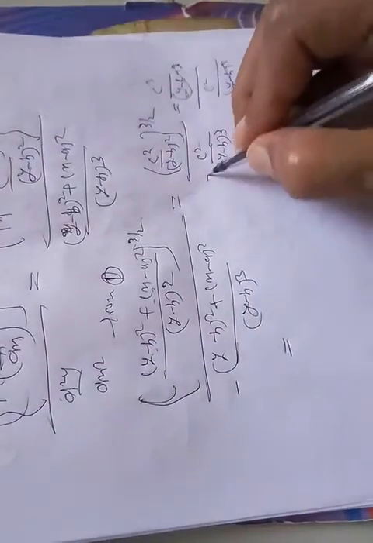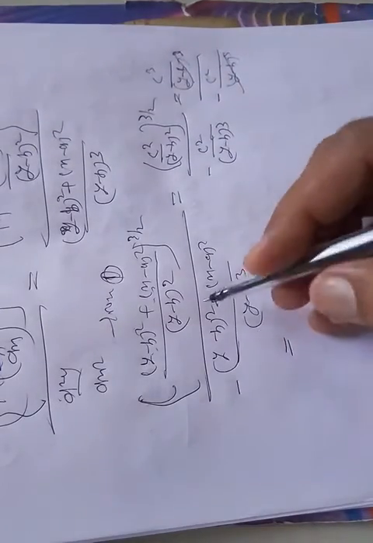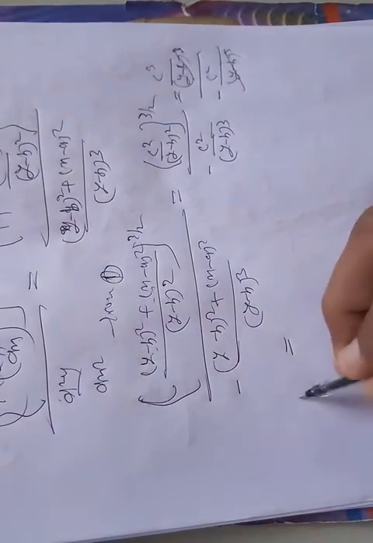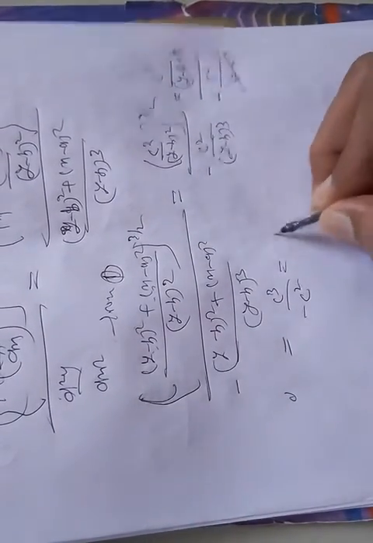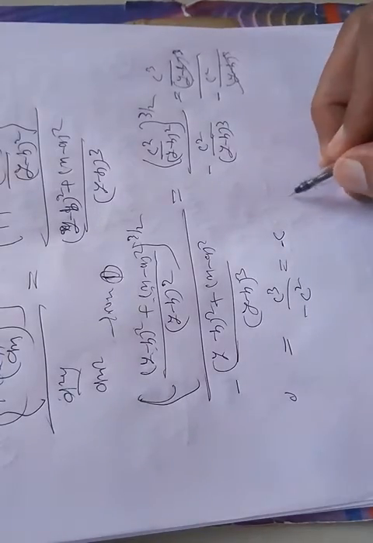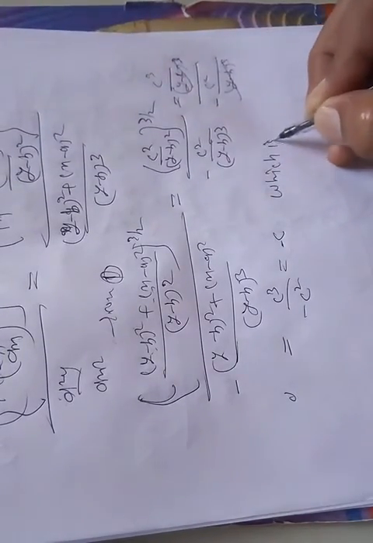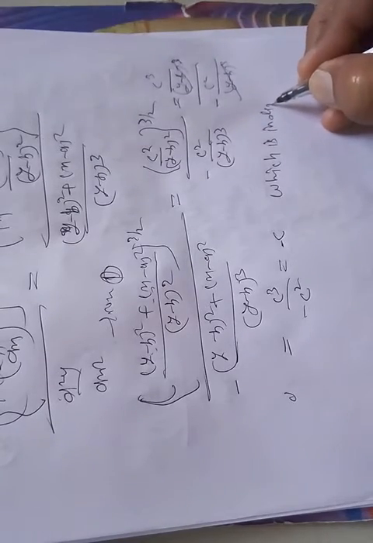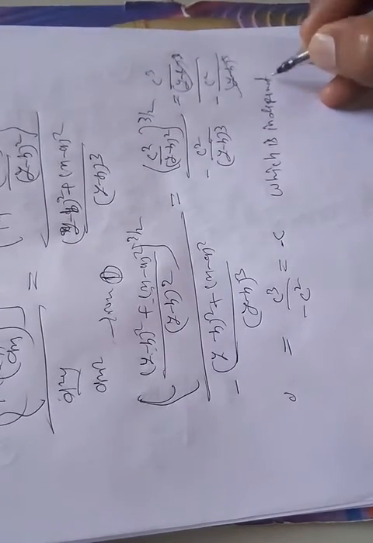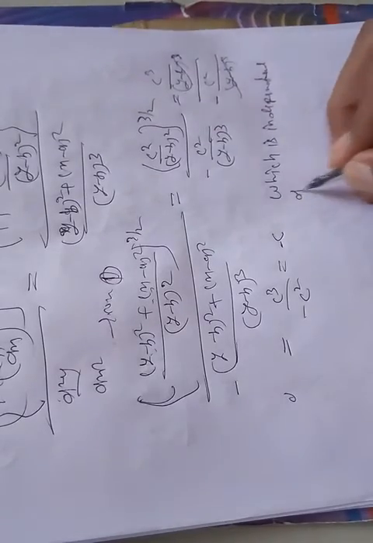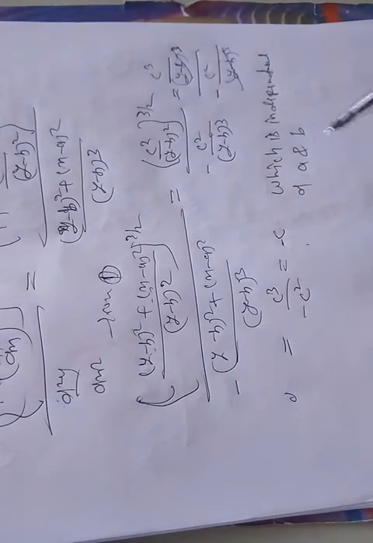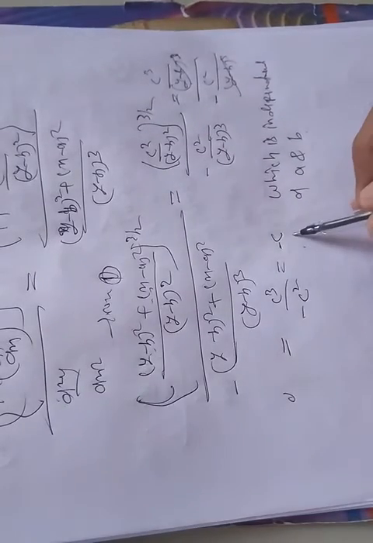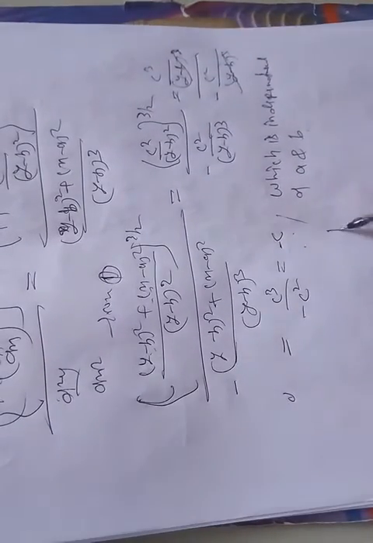This value is minus, consider this point, so this equals c cubed upon minus c squared, that is minus c, which is independent of a and b. You do not have a and b in the function, so a and b are independent and it is dependent only on c. This is the proof.